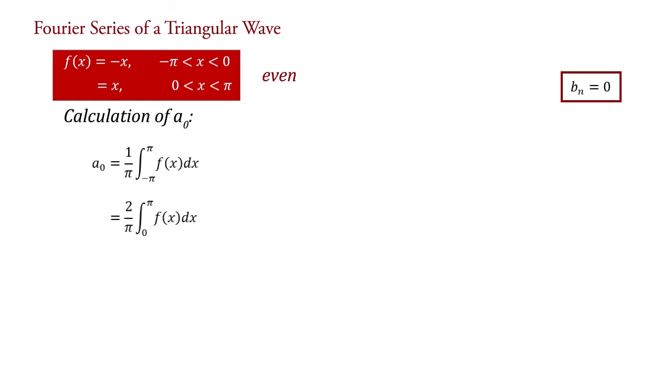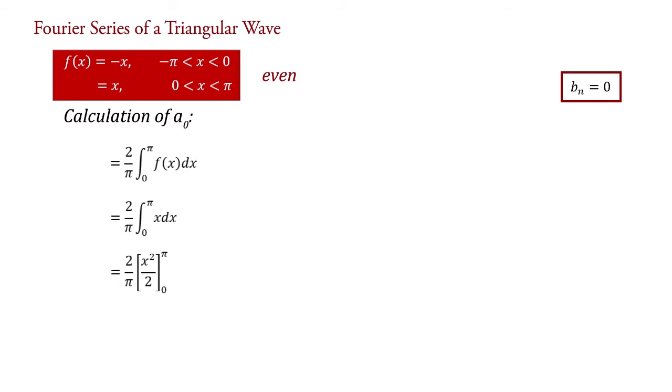In our problem, f of x equal to x, and therefore a0 equal to 2 upon pi integral 0 to pi x dx. By integrating, a0 equal to 2 upon pi, here integration of x, that is x square by 2, and limits are 0 to pi.